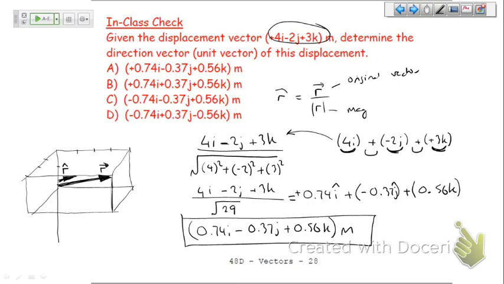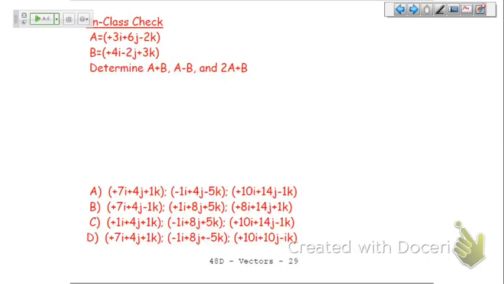So what do we have? 0.74. Is it the top one? It's the top one, isn't it? It's A. Yep. Cool. And let's do a bit of sums with it. We want to add these two guys together. We just go i, j, k.